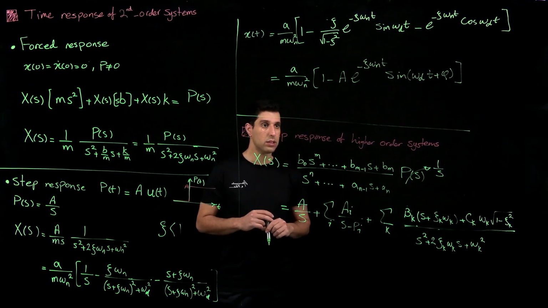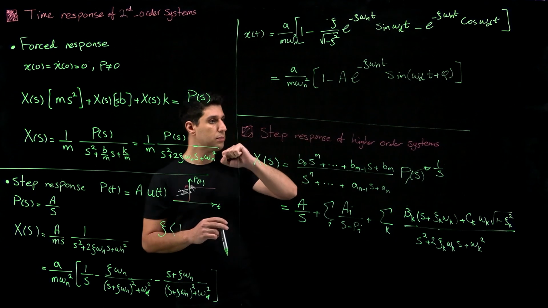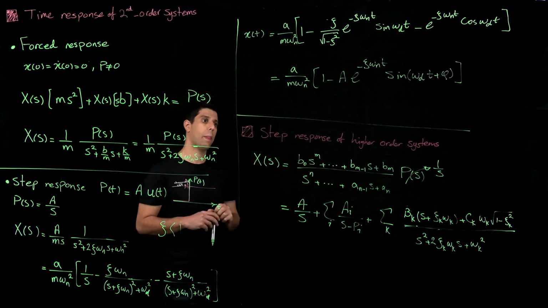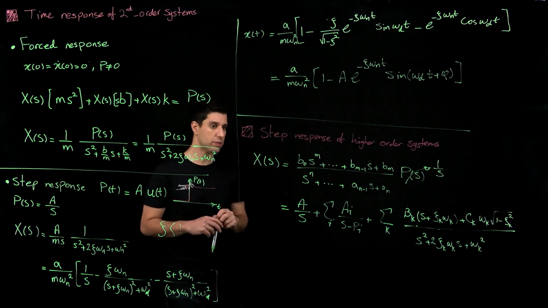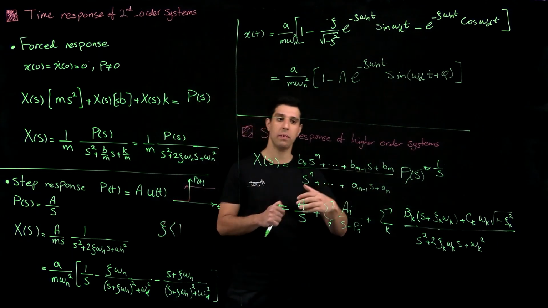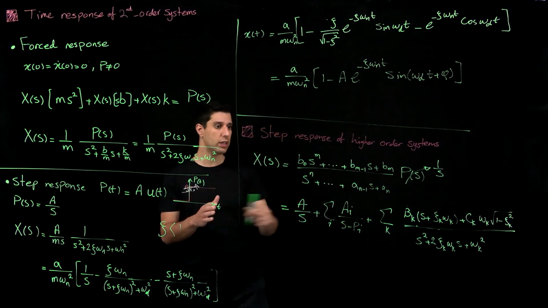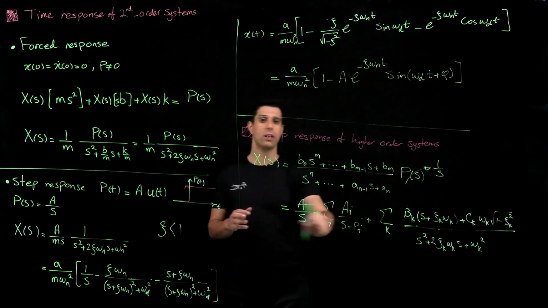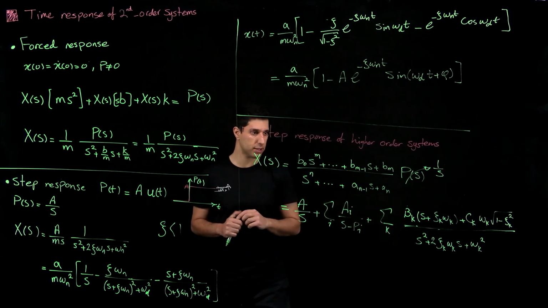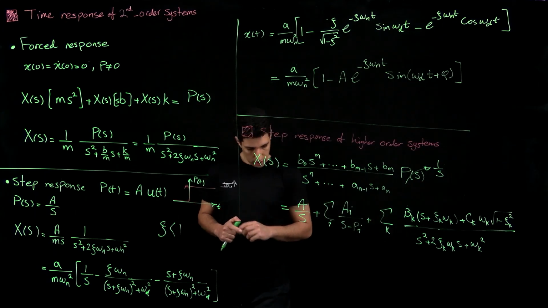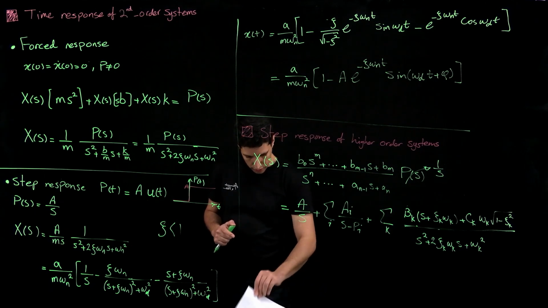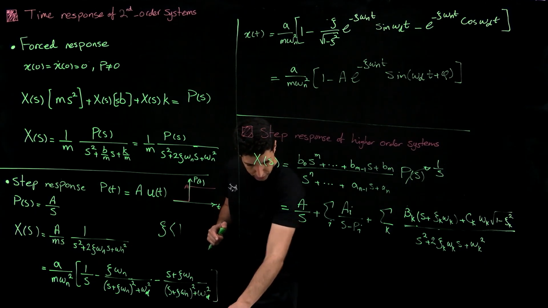And that is a very interesting property of linear systems, that you can always combine simpler order responses to create higher order responses. So I showed you everything. That's all I have for now.